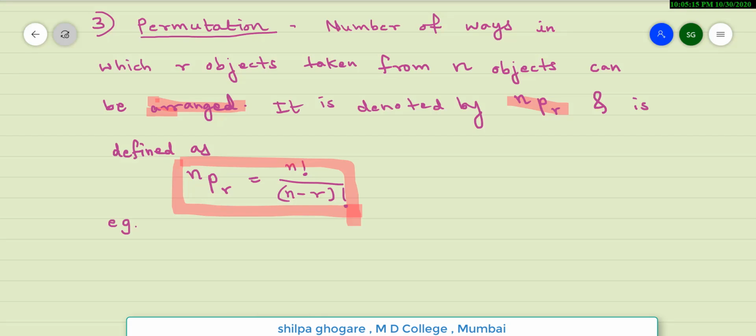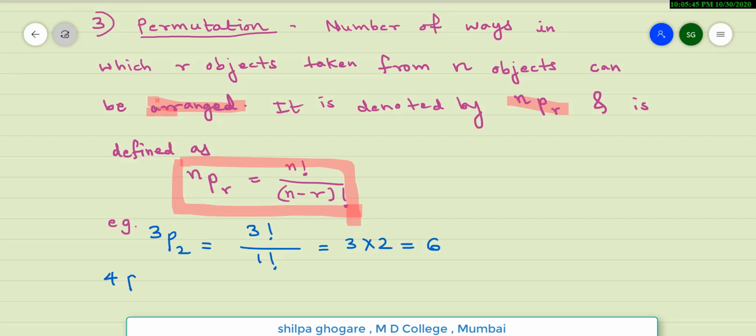Let us see an example. 3P2, by definition it is 3 factorial upon 3 minus 2 factorial, that is 1 factorial. So it is 3 factorial. 3 factorial is 3 into 2. As I told you, we don't normally write into 1 because it doesn't make any difference. 3 into 2 into 1 is same as 3 into 2, and so the answer is 6.